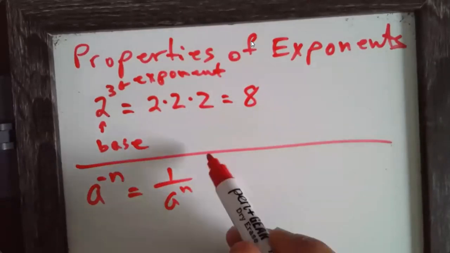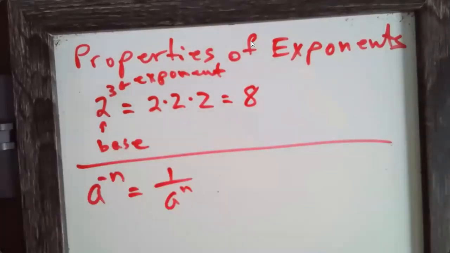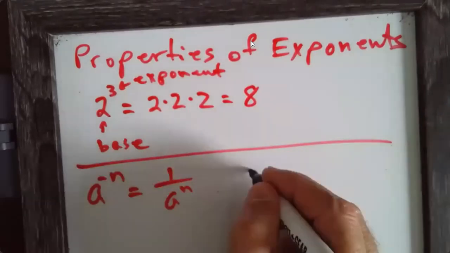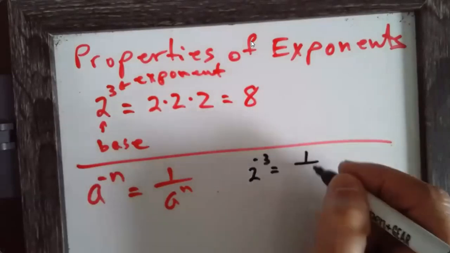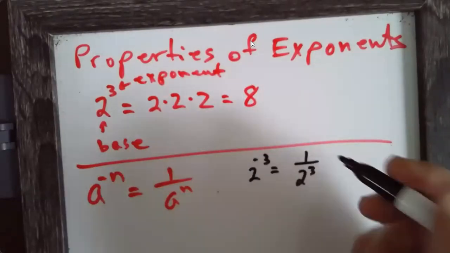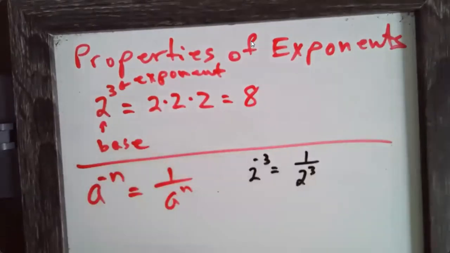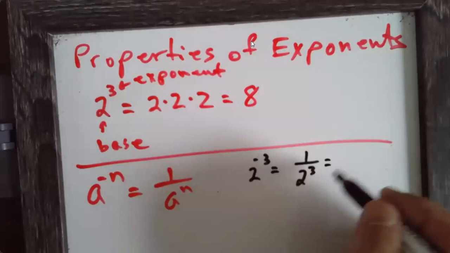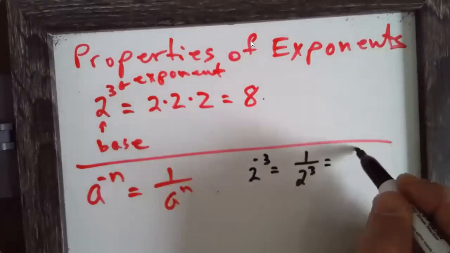Let's look at an example. 2 to the negative third power will be 1 over 2 to the third. The negative exponent brings that 2 down into the denominator. We already said 2 to the third was 8. So that becomes 1 over 8.